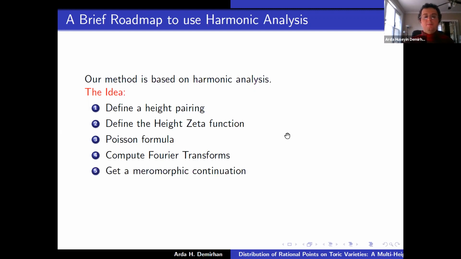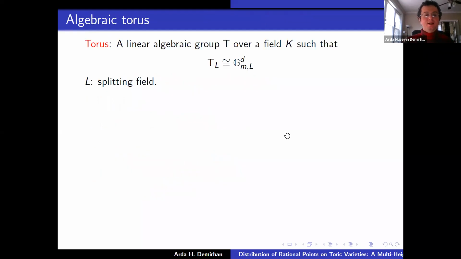Second to last, we get a meromorphic continuation and identify poles. And finally, we kill it by using a Tauberian theorem. So let's start talking about toric varieties, which is the topic of today.